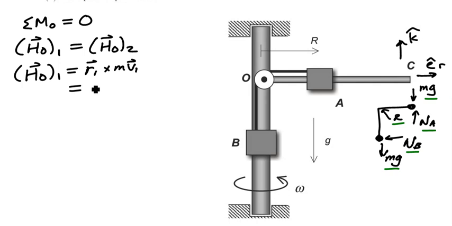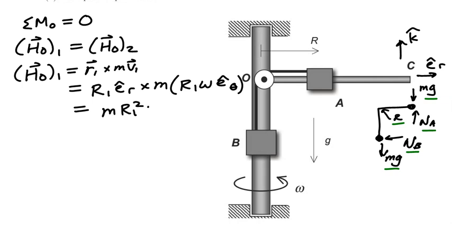Then this is equal to r1 in the e_r, cross the mass times the velocity. Initially the particle's not moving with respect to the arm, but the arm is rotating, so this will give me r1 times omega in the e_theta. So if I work this out, e_r cross e_theta is k, so I'll have m times r1 squared times omega in the k.